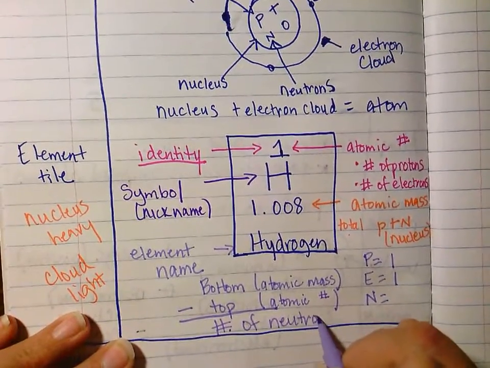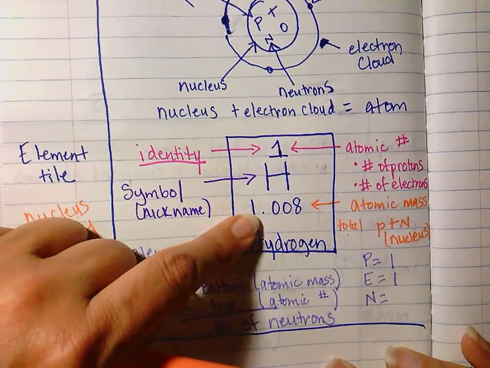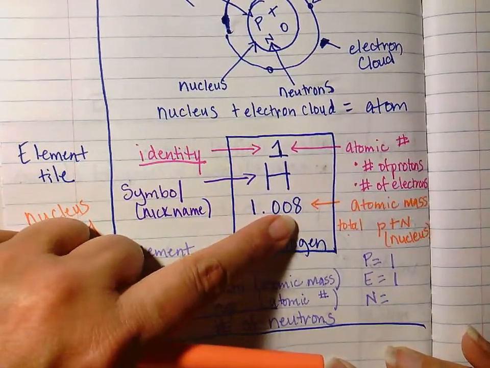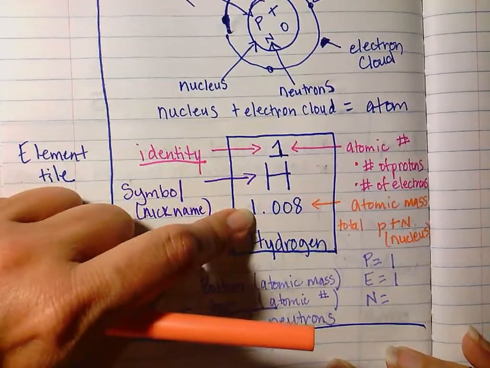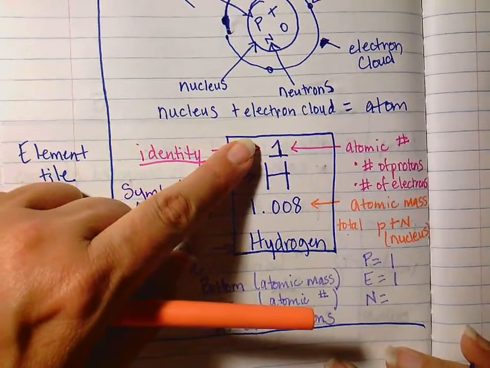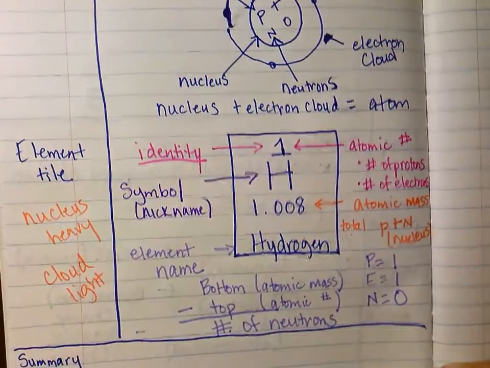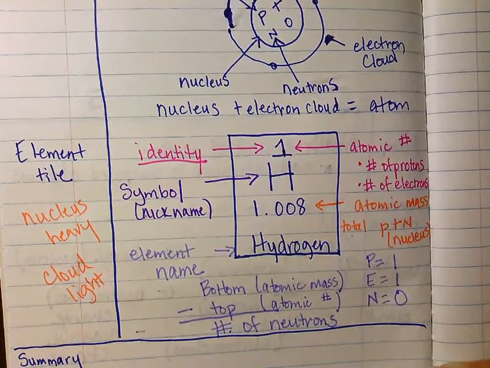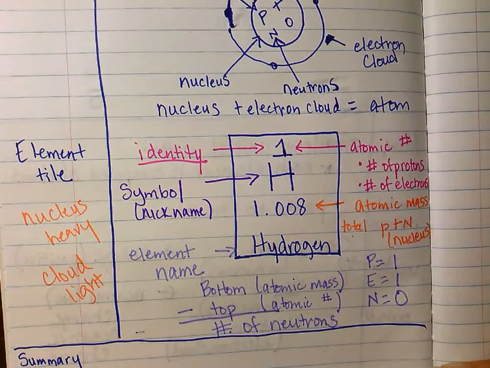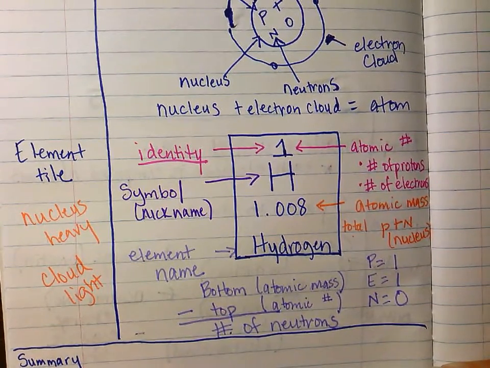All right, so we're going to round this number to a whole number. So 1.008 rounds to 1. Bottom 1 minus top 1 equals how many? 0. There are 0 neutrons in hydrogen. Hydrogen is the only element on the periodic table that does not have any neutrons. Every other element has neutrons.